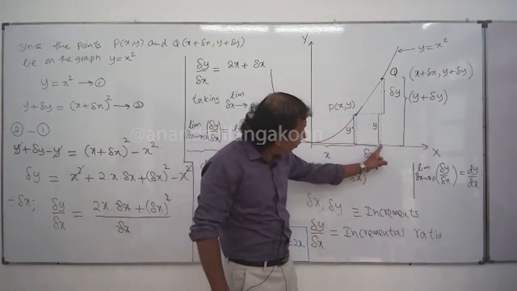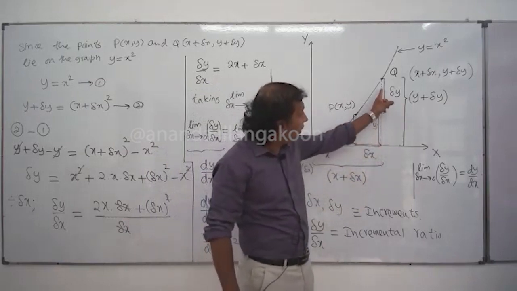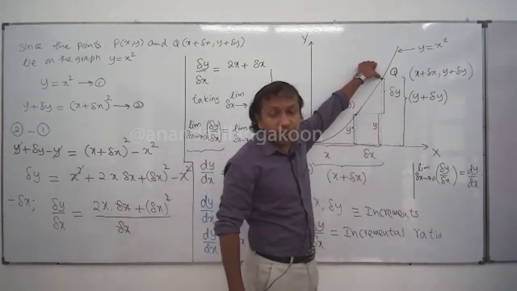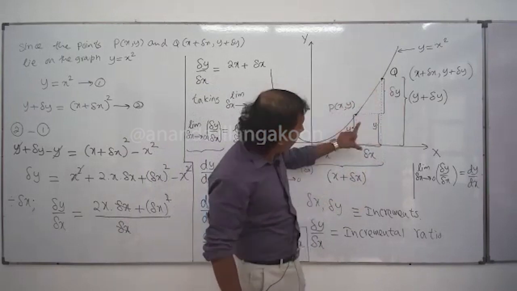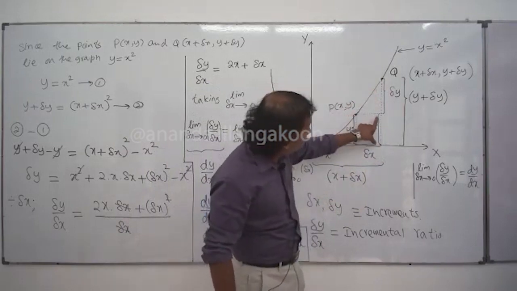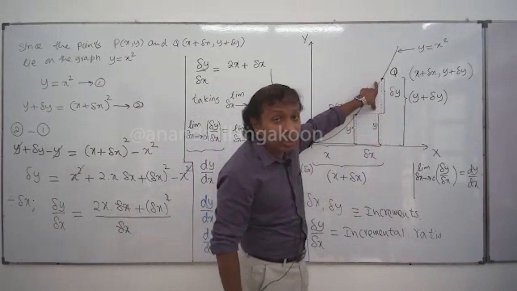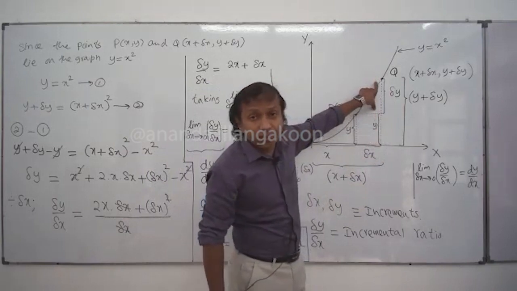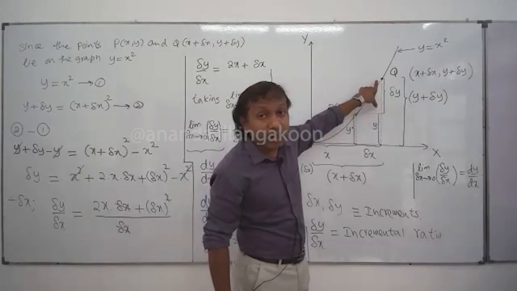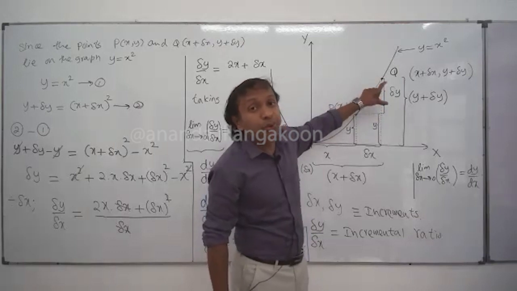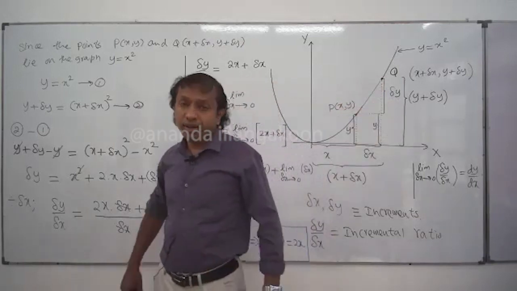Then from there, when we draw a vertical line, you can see the corresponding point on the graph is Q. Earlier y value was this. And in addition to the early y value, another extra y value was added. That extra y value is the increment of y. It is denoted by delta y. Then this increment of y, delta y, occurred due to the increment of x by delta x.